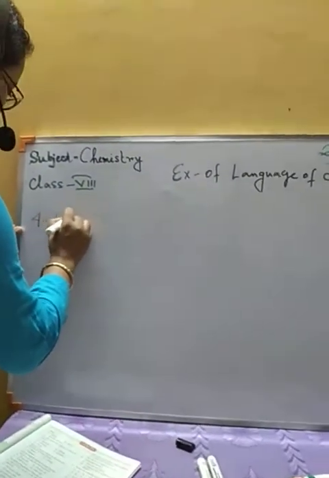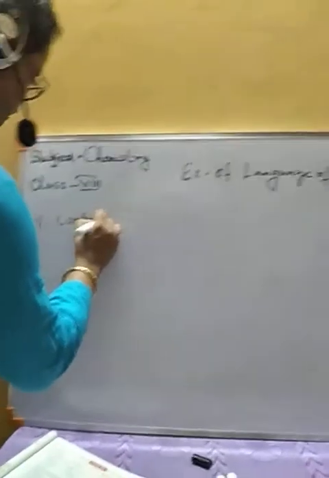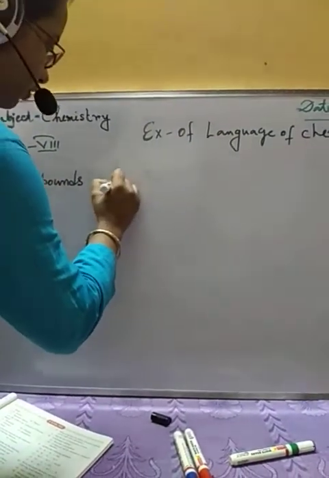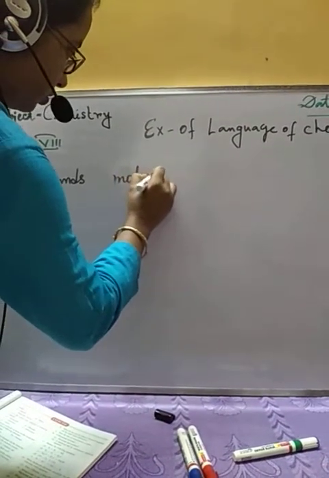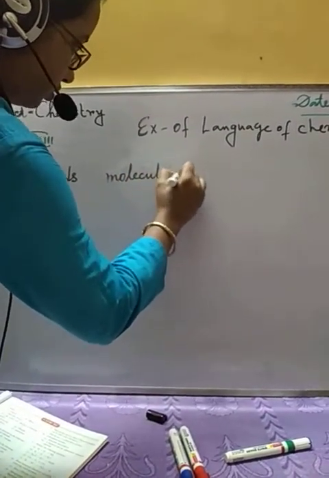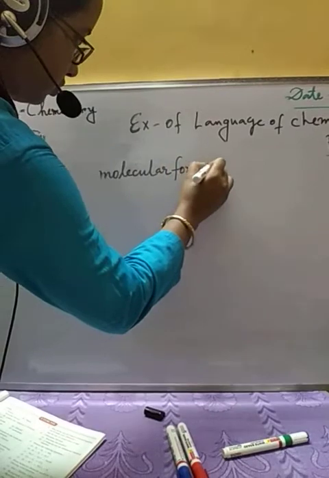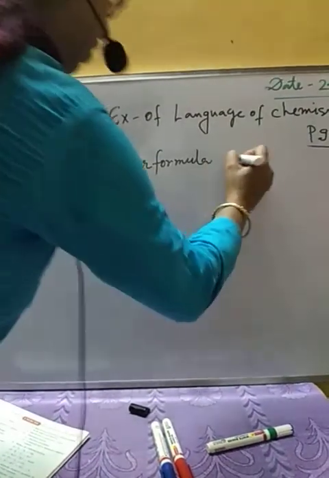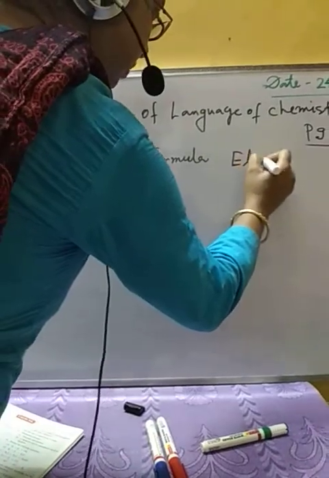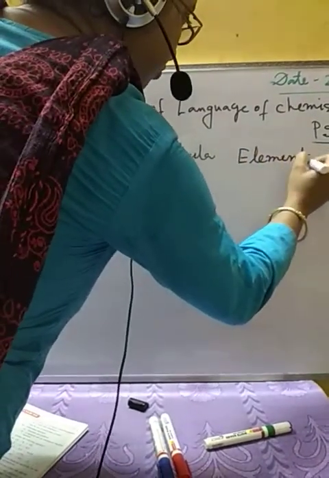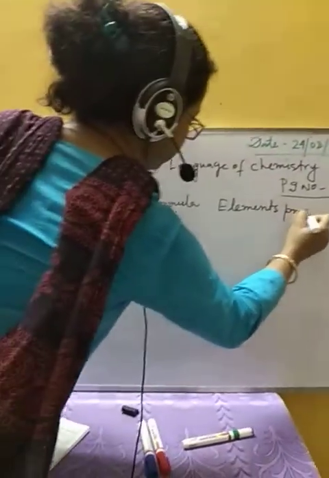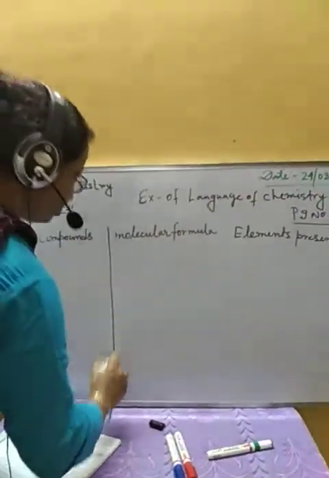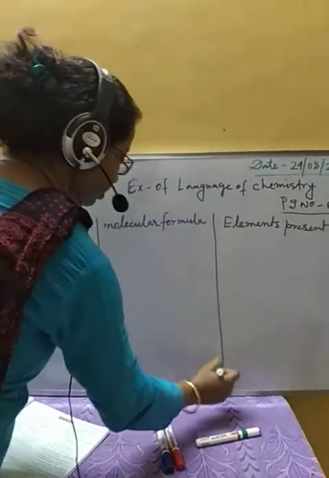So compounds, their molecular formula, and elements present. These 3 will be the table for us.